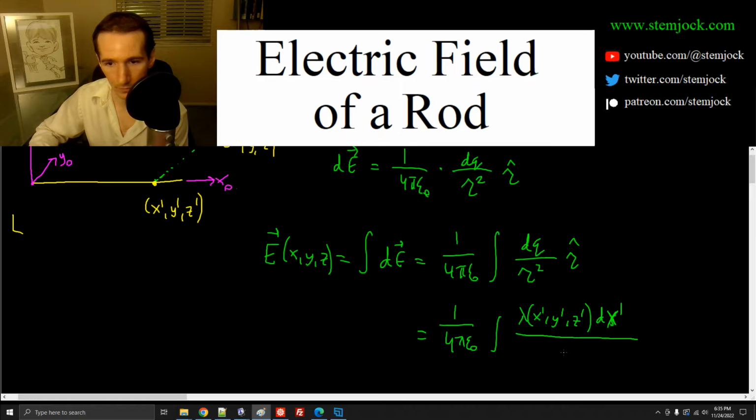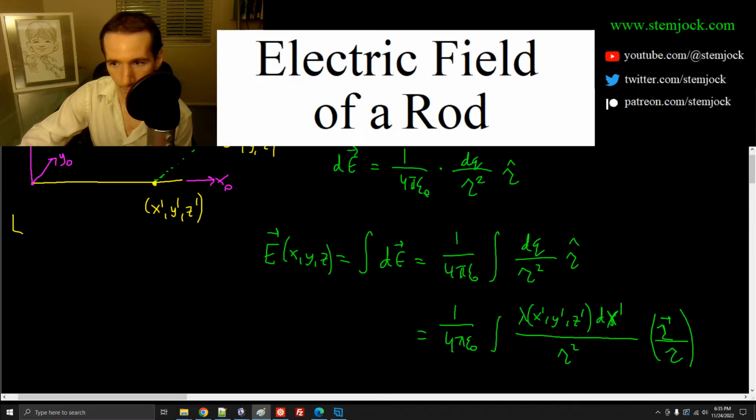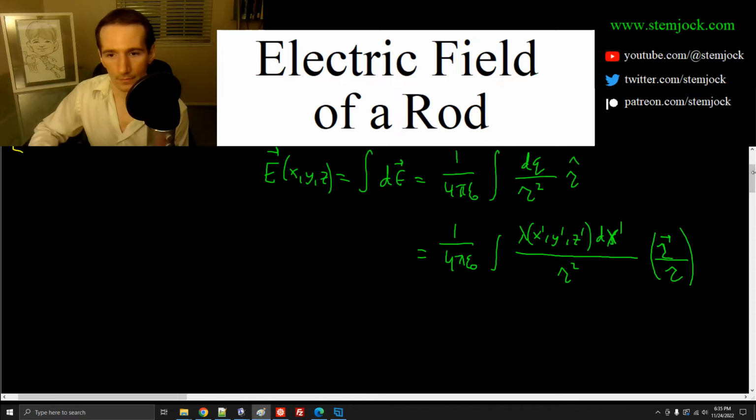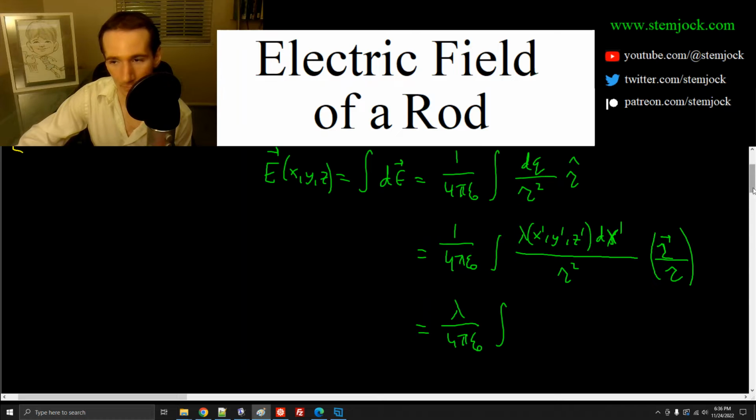And over r squared, and r hat, that is the vector r over its magnitude r, like that. And as I said, the charge density is constant, so I'll pull it out in front. So this is lambda over 4 pi epsilon 0 integral. Oh, and also the limits of integration.